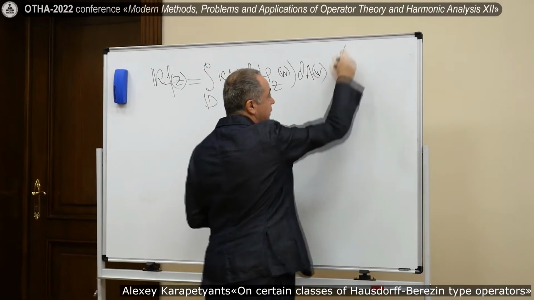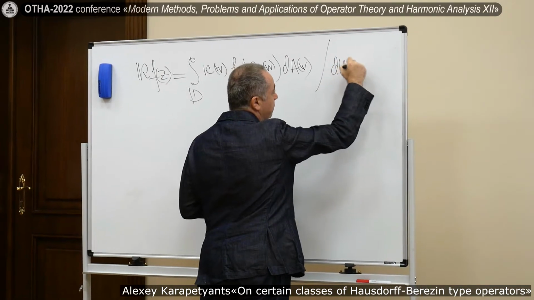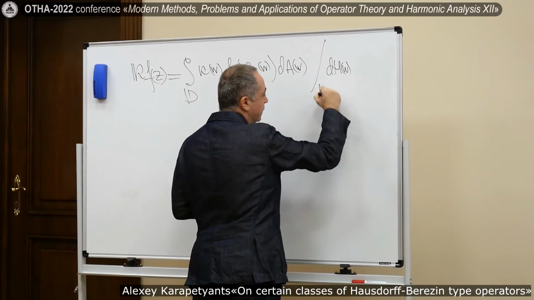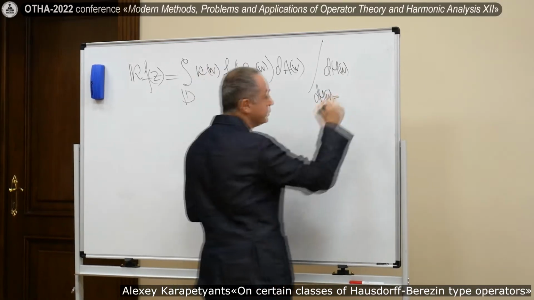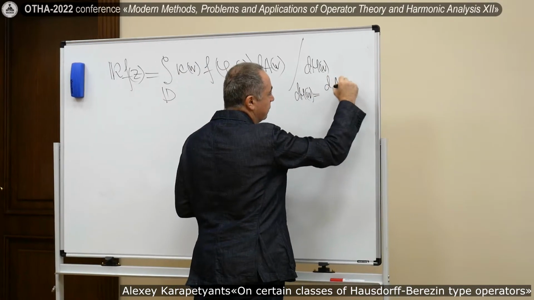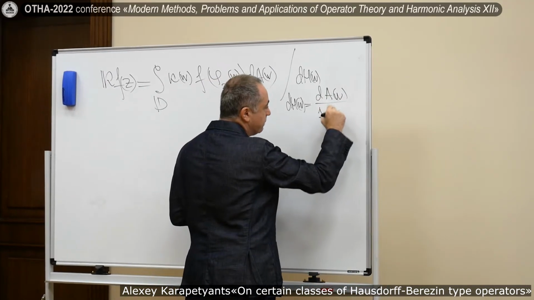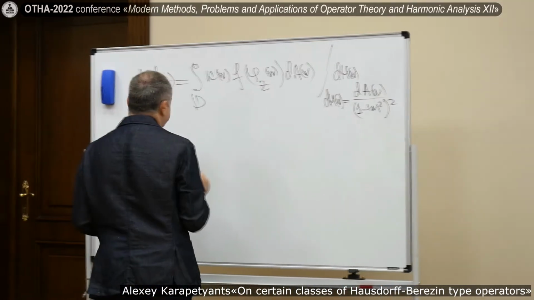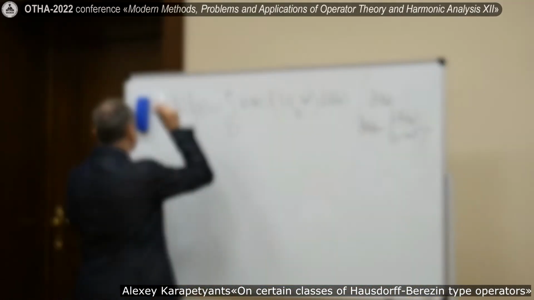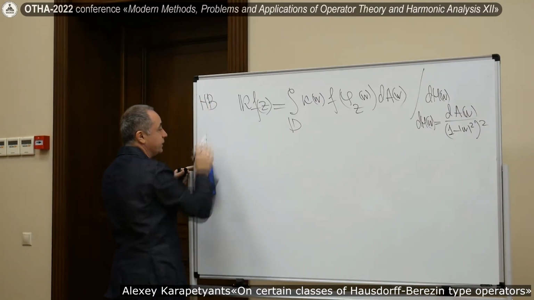Or basically, instead of dA I will use dH(w), where dH is the Möbius invariant Haar measure, equal to dA(w) over (1 minus |w|^2)^2, where dA is just the plain Lebesgue measure. This is our Hausdorff-Berezin operator.